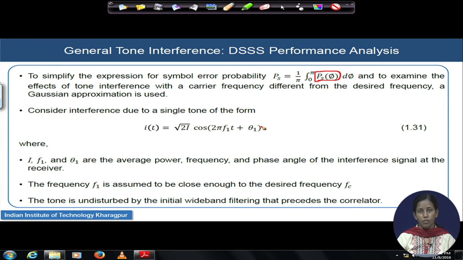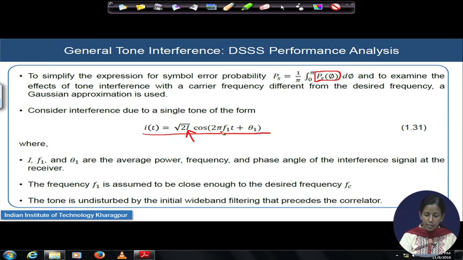we will utilize a Gaussian approximation for easy tractability of the mathematical derivation. This is the new interfering signal of our consideration, given by equation 1.31. Like the earlier case, I will be the average jamming power.